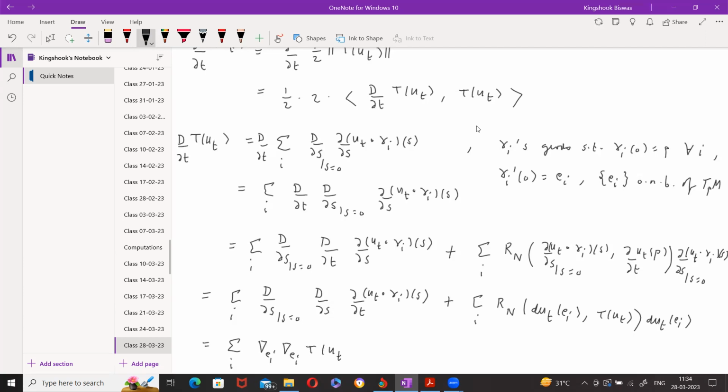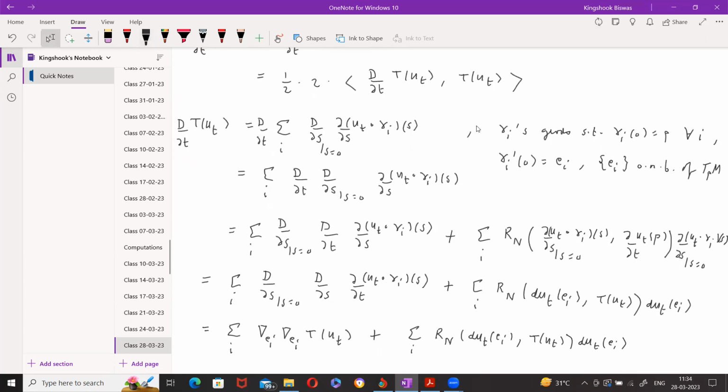Is this clear? Plus sum over i, R^N of du_t e_i, tau u_t, du_t e_i. Is this clear?